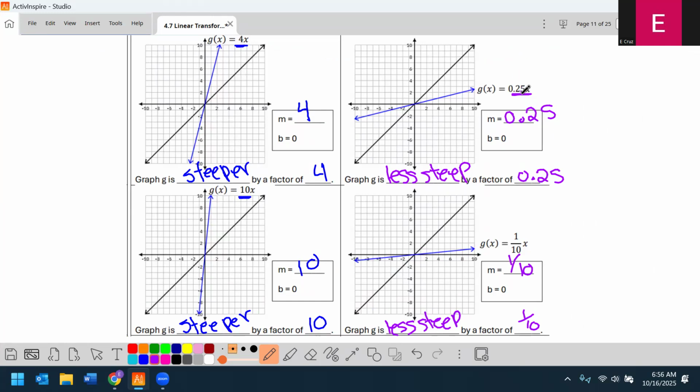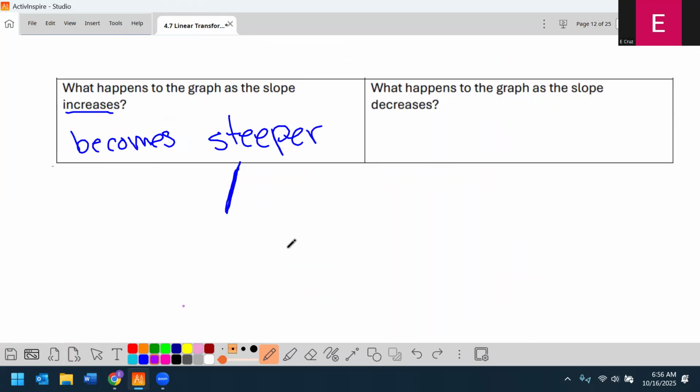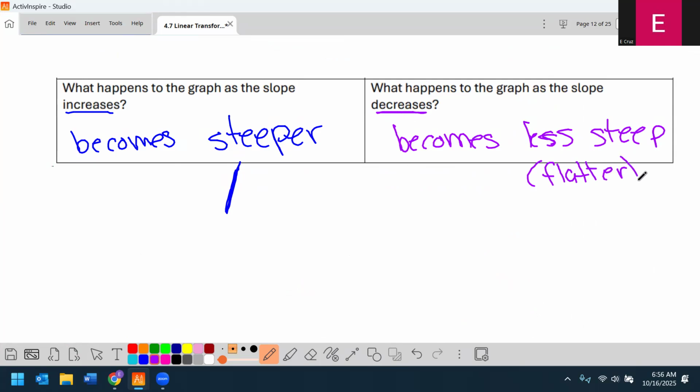Okay, so the smaller your number gets, the flatter the line becomes, which we call less steep. So what happens to the graph when we decrease the slope? Well, it becomes less steep, or flatter, if that helps you remember what that means.